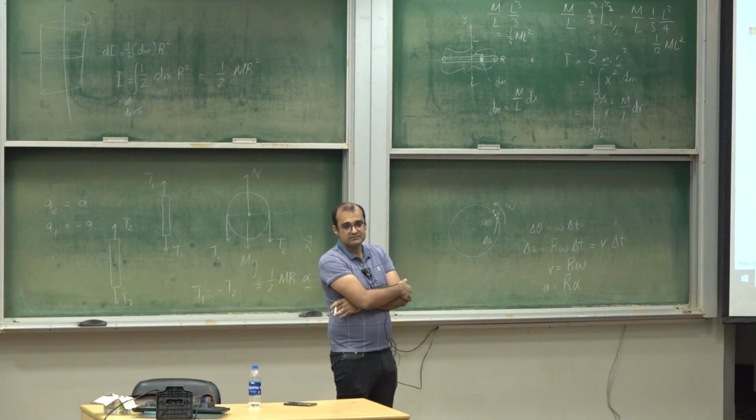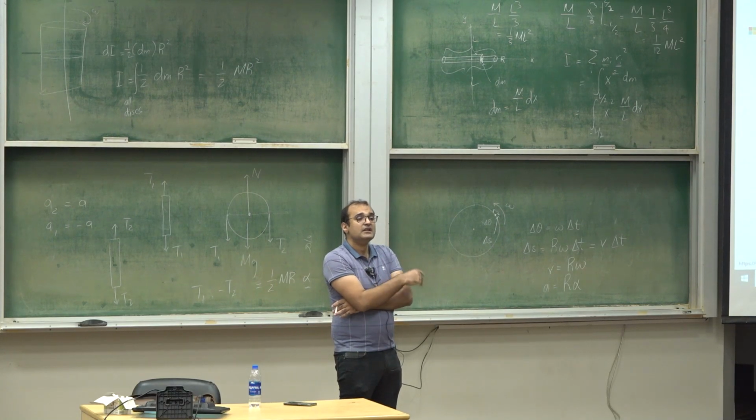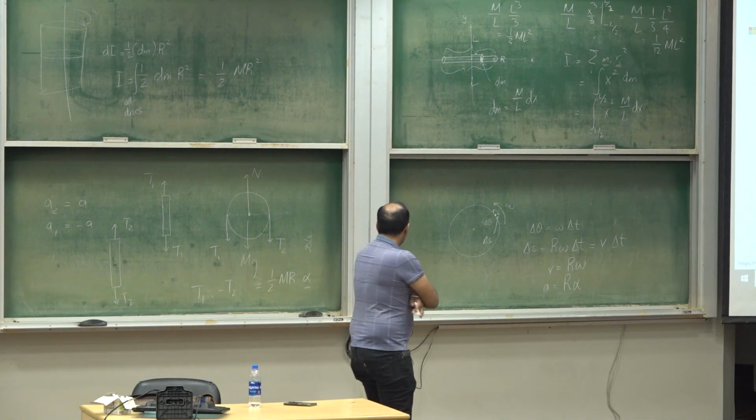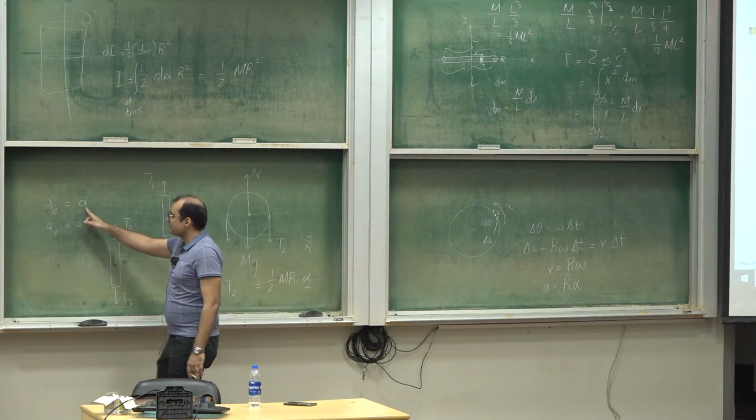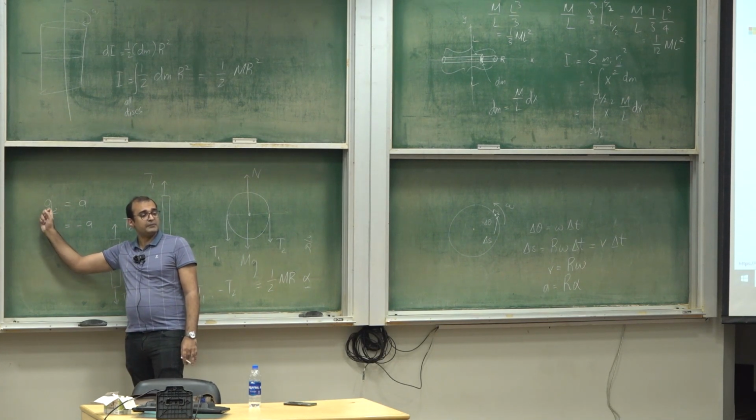Whenever you do this substitution, there are a lot of accelerations here. There's a radial acceleration, there's a tangential acceleration, there's the acceleration of the blocks. The A you used here is for the acceleration of block 2.